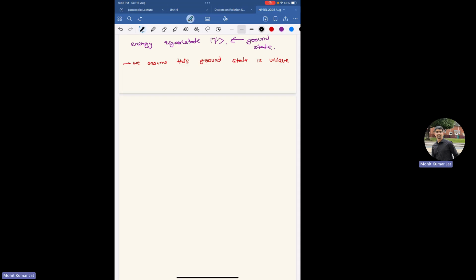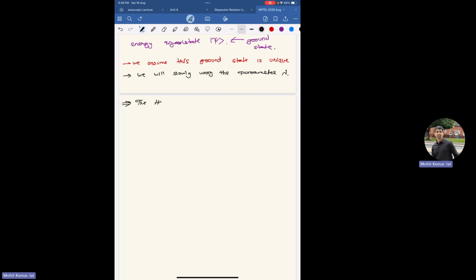And now we will slowly vary the parameter lambda. So the Hamiltonian changes, of course, because the Hamiltonian is a function of lambda and x.